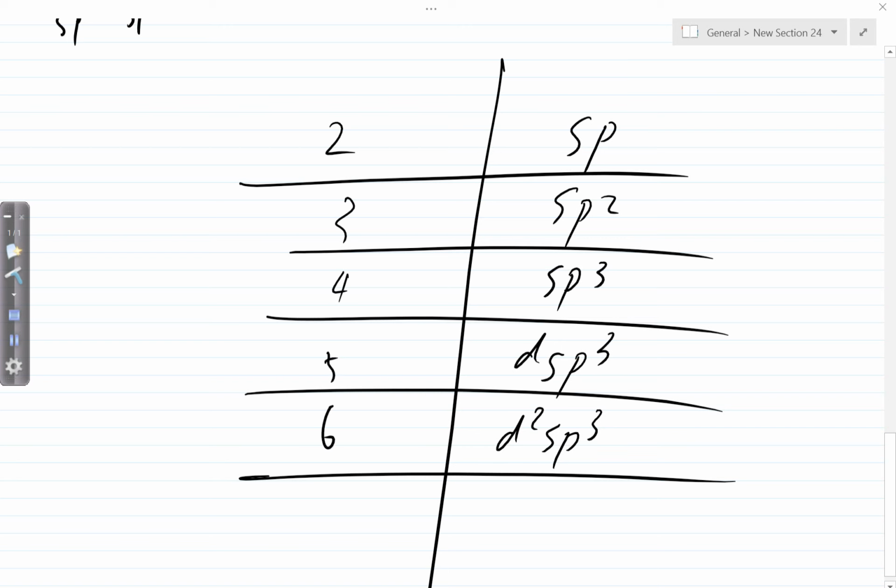And you have the table. So once you have reached the limit for s and p, then you go to d, right?